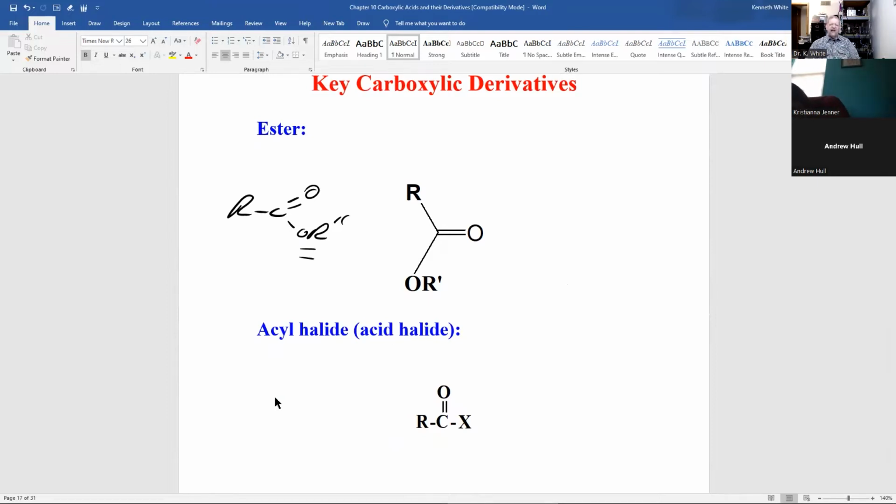This is called an ester. Again, this can be made, and I'll show you, from carboxylic acids. So that's why it's called a carboxylic acid derivative, something made from carboxylic acids. And this is called an ester.